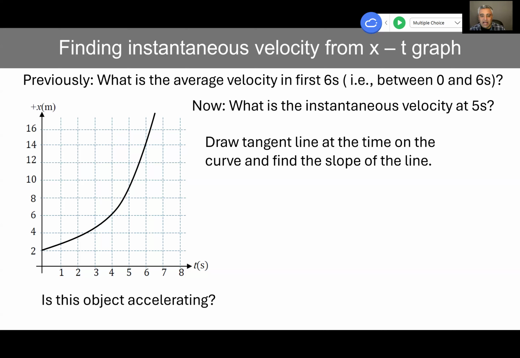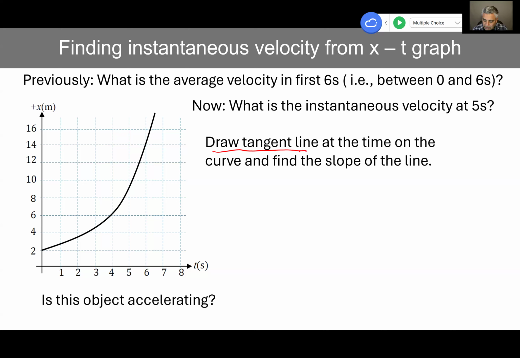But when we are driving, our speedometer shows you a particular value of speed at that moment. That is the instantaneous speed. If you include the direction at which you are driving, that is instantaneous velocity. So now from graph, how do you find instantaneous velocity? So for that, what we do is we draw a tangent line.